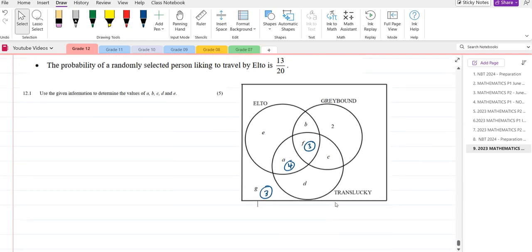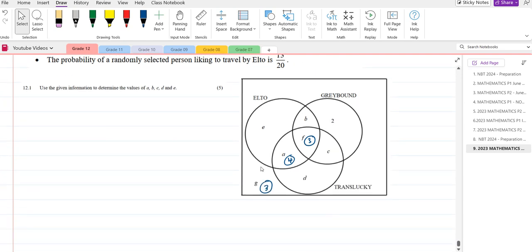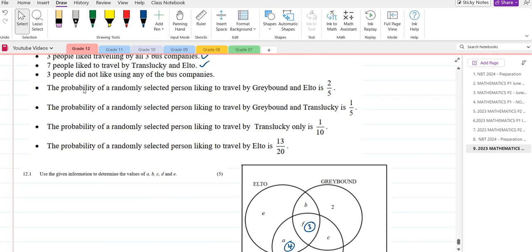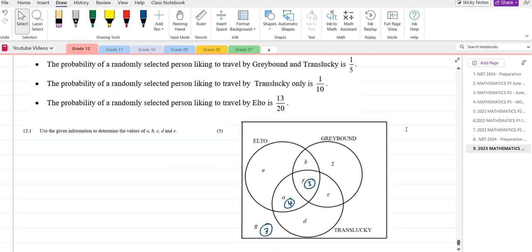Alright, so that leaves us with this thing. The probability of randomly selecting a person liking to travel by Greybond and Alto is 2 out of 5. Greybond and Alto, so we can get a value for B here.